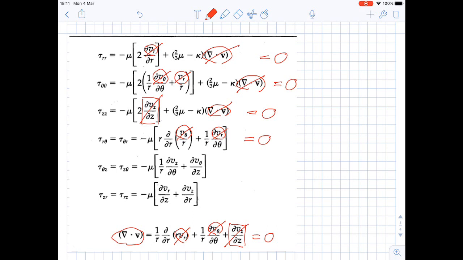Similarly, Vz is not a function of theta. This term is supposed to be 0, and V theta is 0. This turns out to be 0 as well. Lastly, we know that VR is 0, and then Vz is a function of R. This term must be kept, so this is not 0.